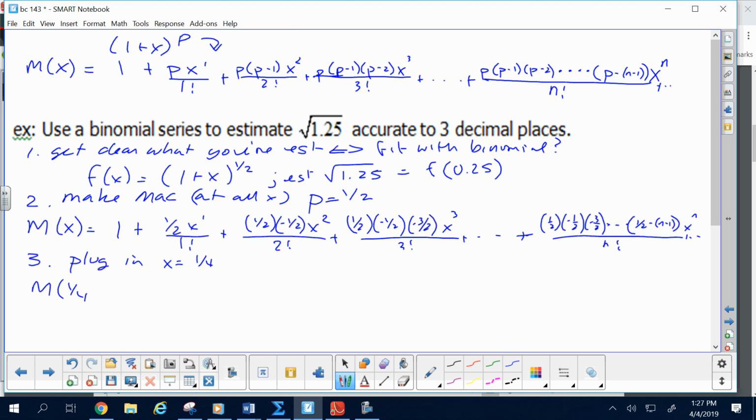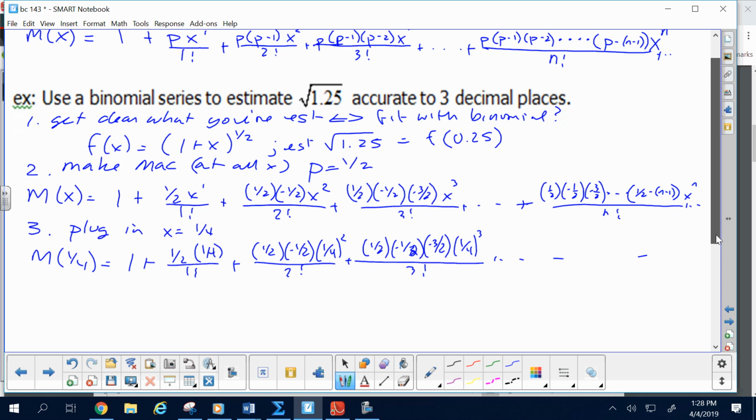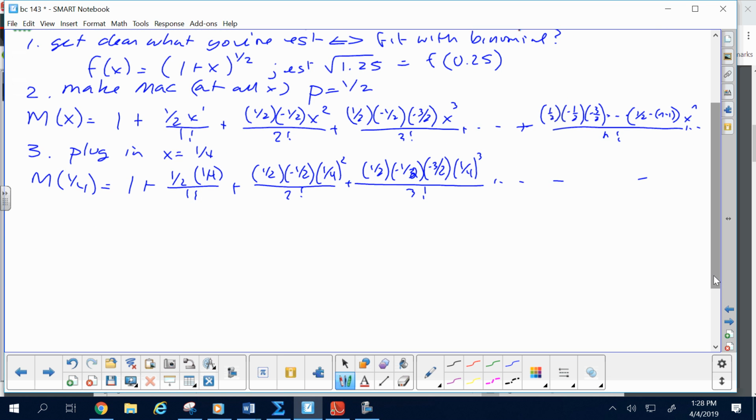M at a fourth is 1 plus a half times a fourth over 1 factorial, plus a half times negative 1/2 times a fourth squared over 2 factorial, plus a half times negative 1/2 times negative 3/2, 1/4 cubed over 3 factorial. And we can keep going. You can write the general term, but it's not crucial that you have that right now. All right? You with me?